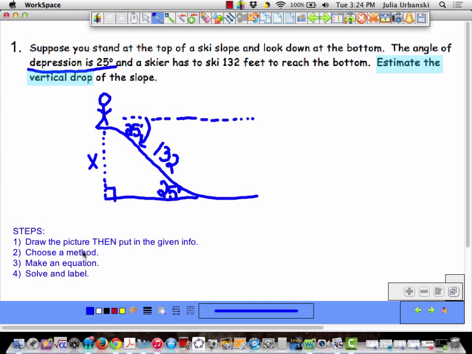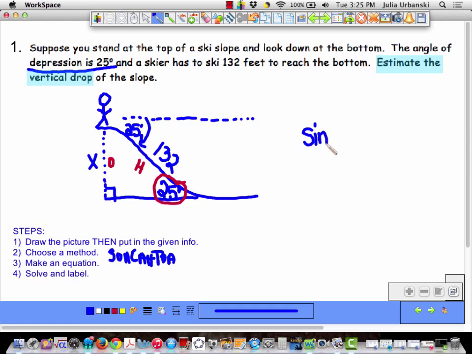So the method, we have to choose a method to use. I'm dealing with sides and angles, so I'm going to use SOHCAHTOA. And with that, I'm going to set up an equation using 25 degrees as my focus angle right there. I want the O, the X is the opposite. I know the H, the hypotenuse, so I'm going to use sine.